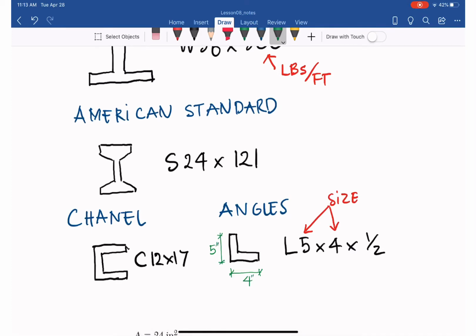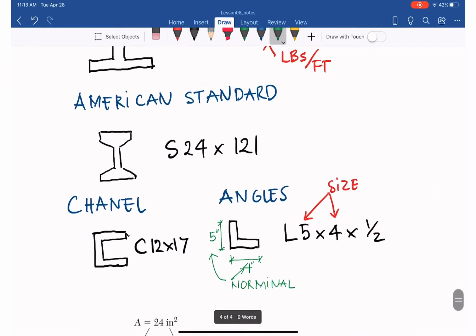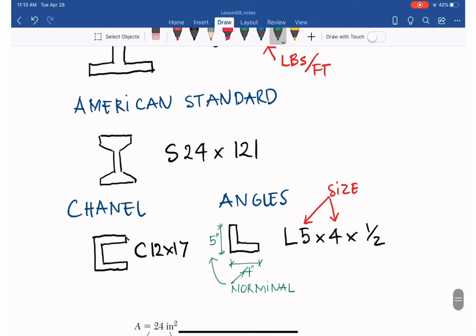And then the last one, they don't talk about the weight, but in this, it talks about the nominal thickness of the angle shape. So keep that in mind.